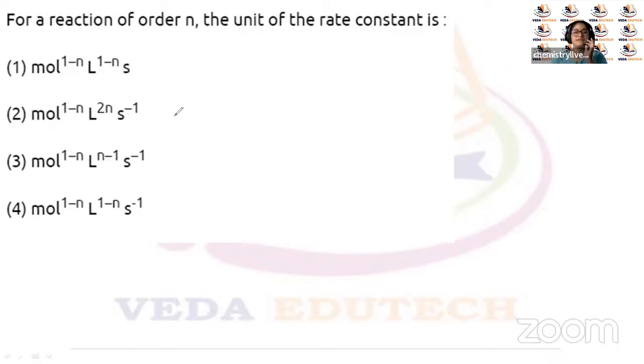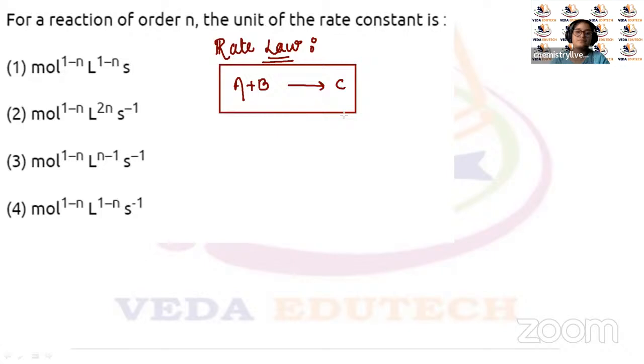Then there's one more thing related to chemical kinetics, that is the rate law. What is this rate law, children? Suppose we have A plus B giving rise to C. The rate of reaction is proportional to the concentration of reactants.